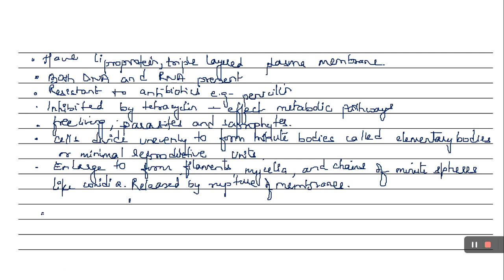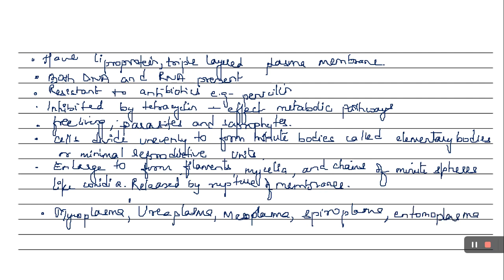So the best studied genera are Mycoplasma, Ureaplasma, Mesoplasma, Spiroplasma, Entomoplasma, Aneroplasma, and Asteroplasma.